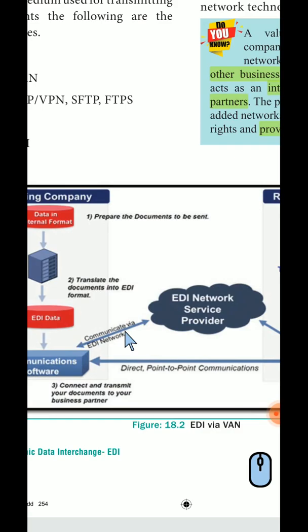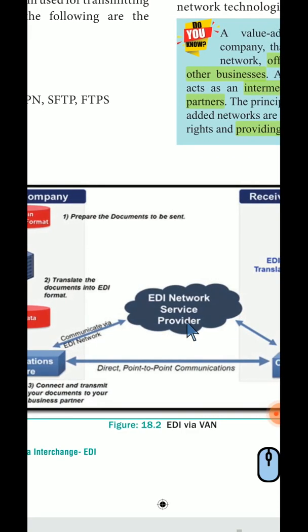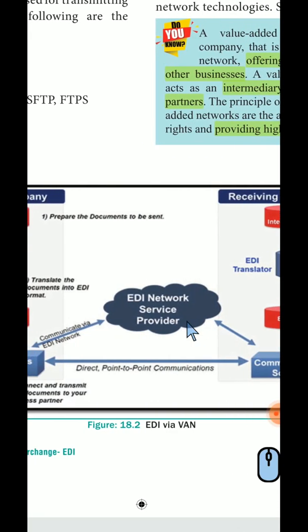If it is for a VPN, EDI via VPN, it will be transmitted by using this EDI network service provider. If the company needs some technological update, then they will use this EDI network service provider. Otherwise, for larger businesses, the communication will be between the trading partner and the individual partners, which will be separate compared to EDI via VPN.